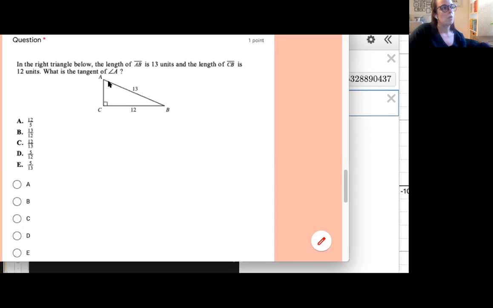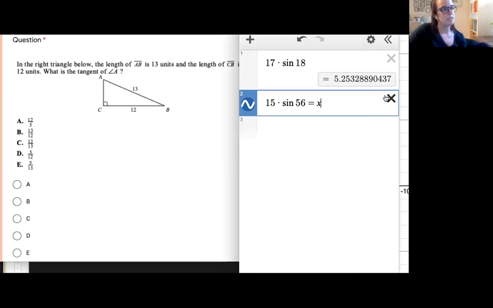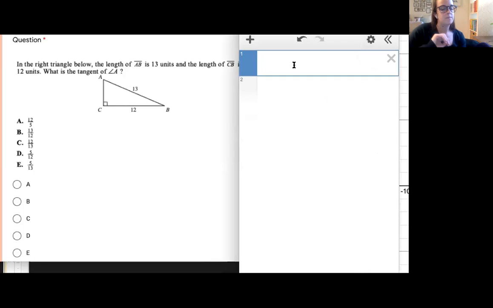And what fraction, what over what, like O over A or A over H or O over H, what fraction represents tangent? Is it A over H, O over H? O over A.